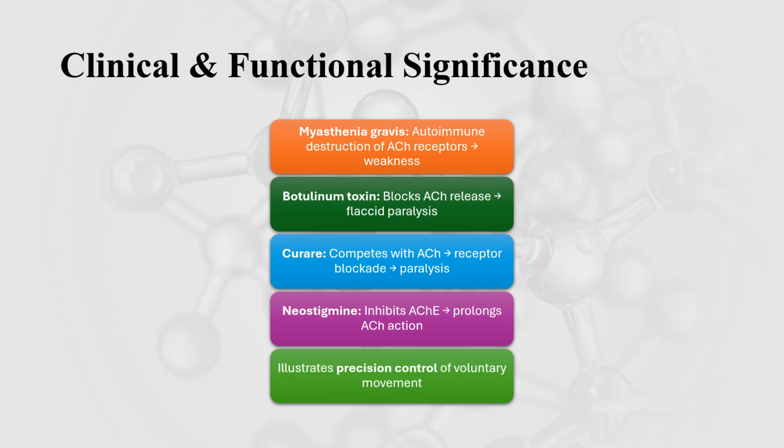Treatment involves acetylcholinesterase inhibitors such as neostigmine, which allow acetylcholine to persist longer in the cleft and compensate for the receptor loss. Next is botulinum toxin, produced by Clostridium botulinum, which targets the presynaptic terminal. It cleaves the SNARE proteins, which are essential for vesicle fusion.